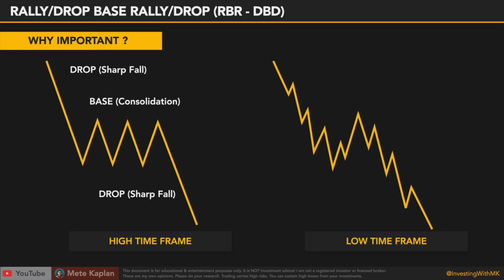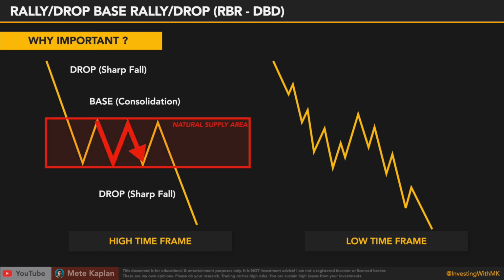But why? Why are these zones important and what makes them special? The key to understanding rally-base-rally or drop-base-drop lies within the low time frames. Once you identify the base in high time frames, draw your box. Then open the low time frames and observe the price action and see what you can find out.